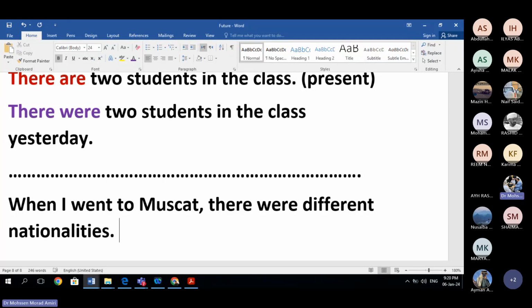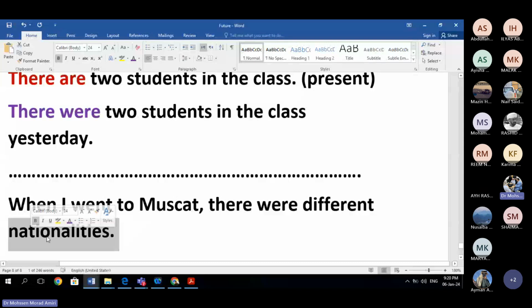Or there were different, for example, shopping malls. See, when I went to Muscat, there were different nationalities, جنسية يعني, Indians, Moroccans, Filipinos, Pakistani.